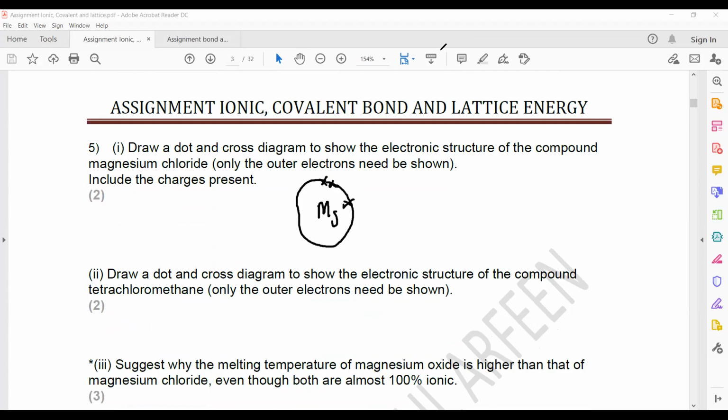As magnesium is 2, 8, 2, it loses the last shell electrons, so the second last shell now becomes the last shell, with the charge +2. And for chloride, there should be 2 chlorine, and each chlorine should have 7 electrons of its own, and 1 it takes from magnesium. So this will be the dot and cross diagram for magnesium chloride.